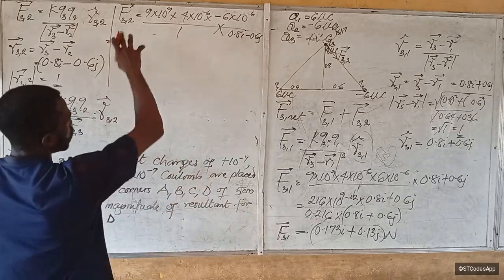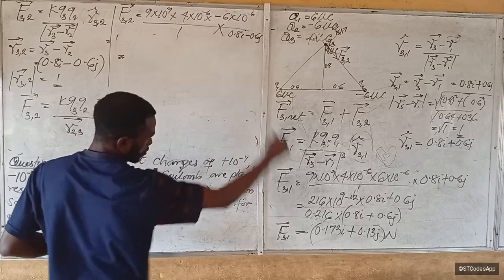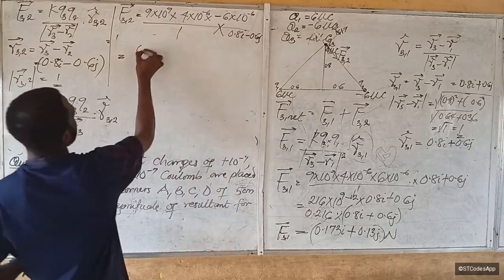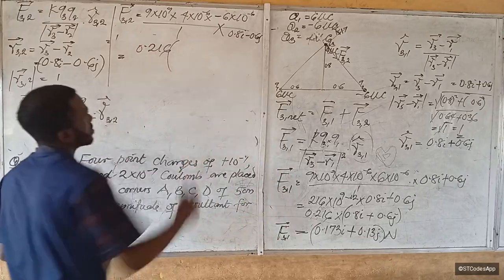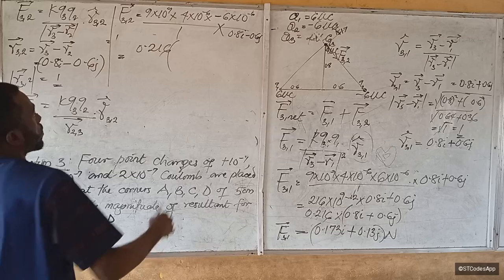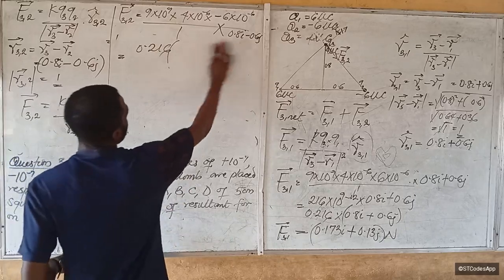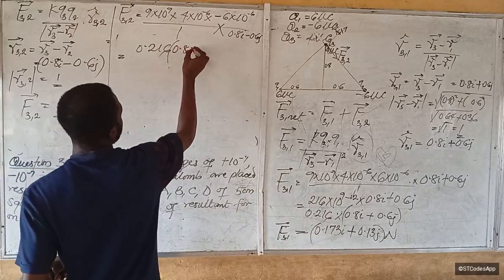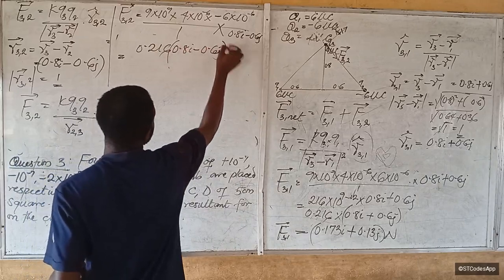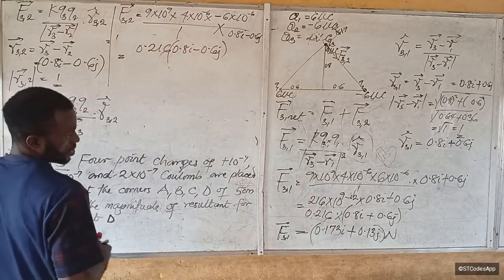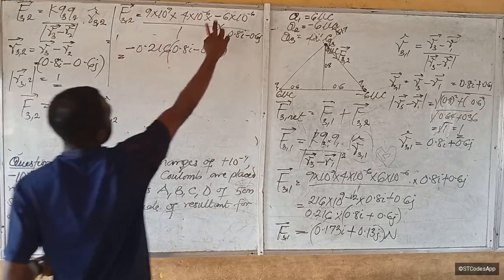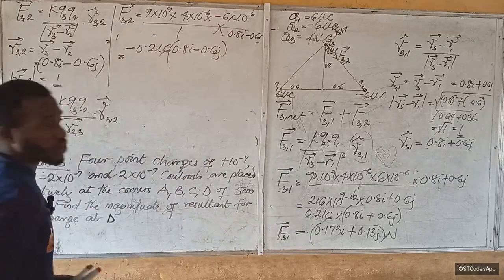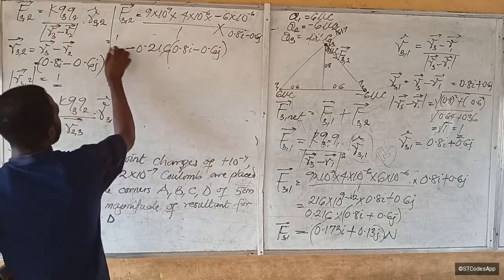So with that said, if you multiply this, you still get 0.216 into bracket all of this 0.8i minus 0.6j. Which is exactly what we had before. But negative this time, negative, please, because of that negative there.